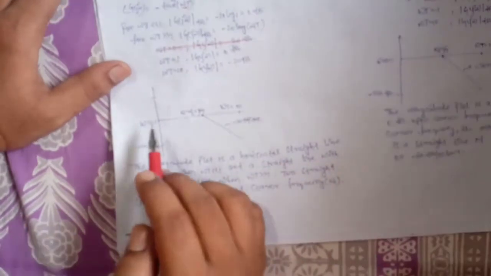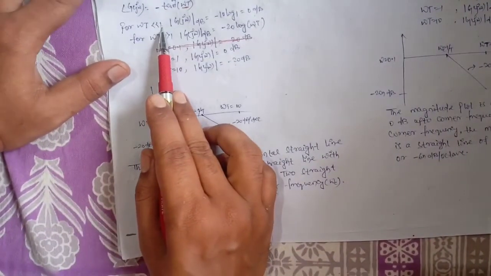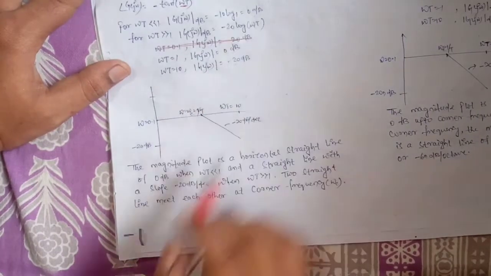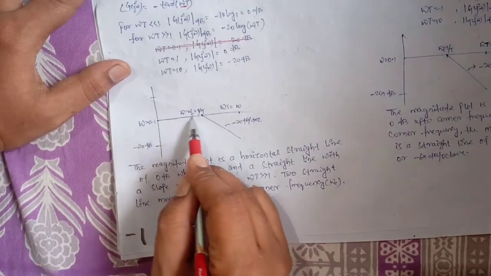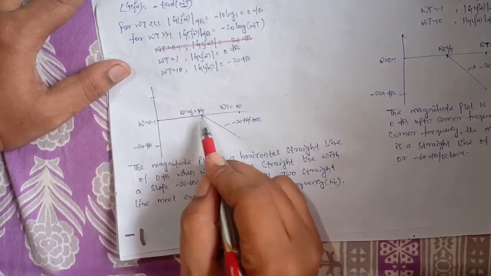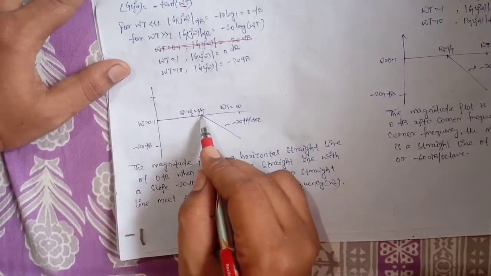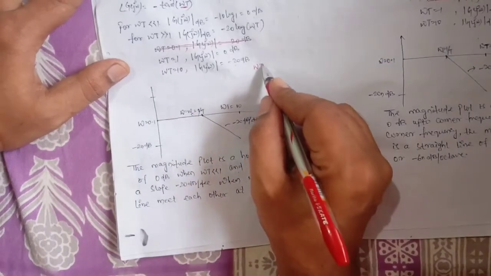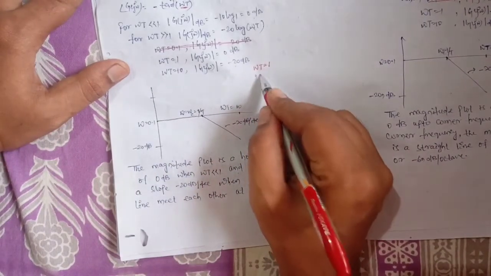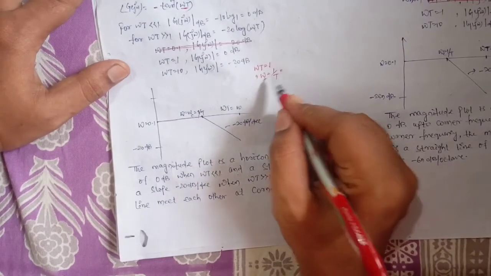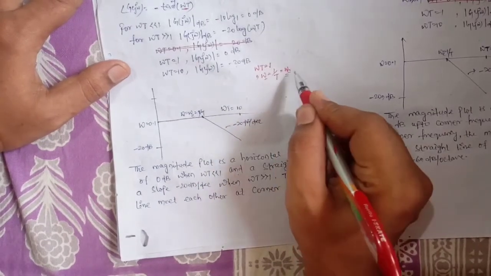See, when omega t value is less than 1, its value is 0 dB. That means my graph is a flat 0 dB line. At omega t equal to 1 also, my value is 0 dB. Omega t equal to 1, or I can write omega is equal to 1 by t. So this frequency is called corner frequency omega c.